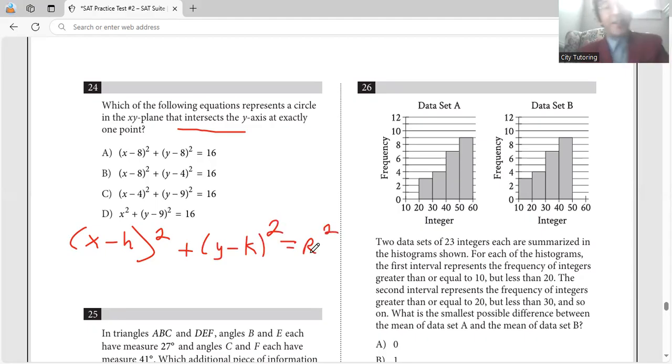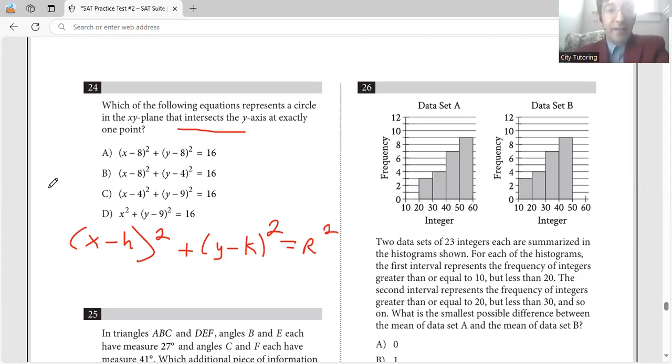All right? And the center of the circle is h, k. Now, what they want here is that the x coordinate has to equal the radius for the condition that they ask, right?